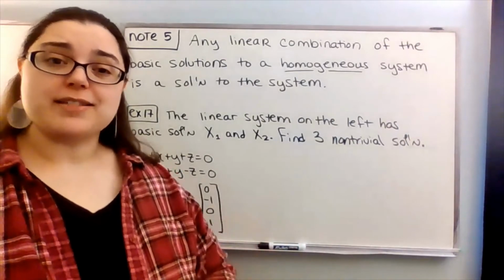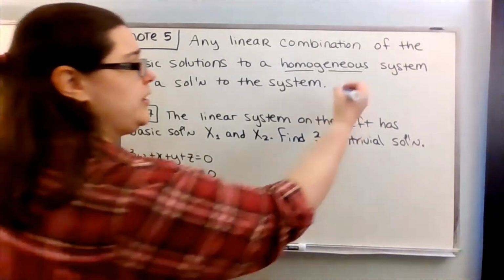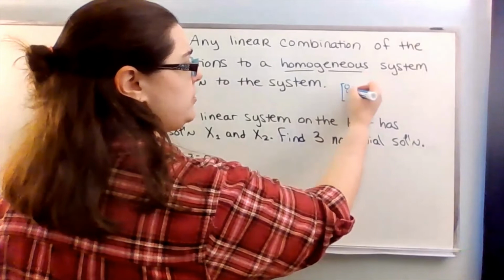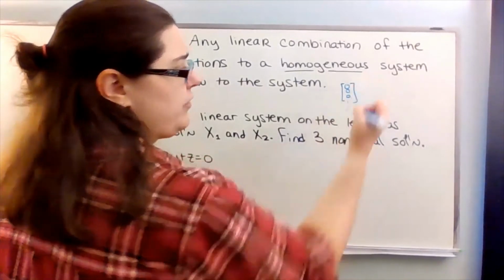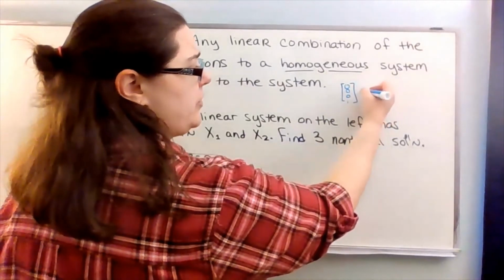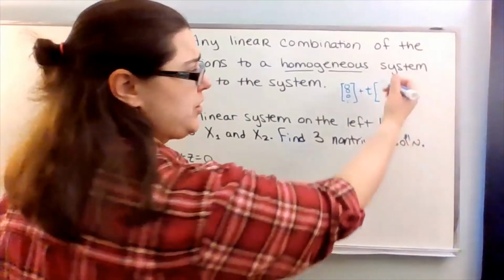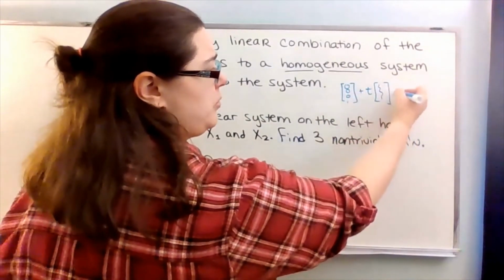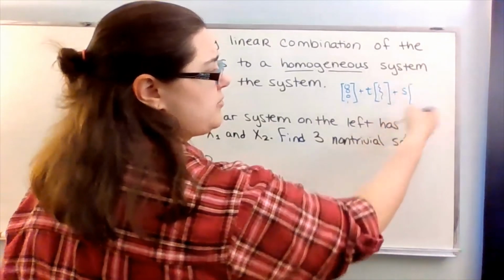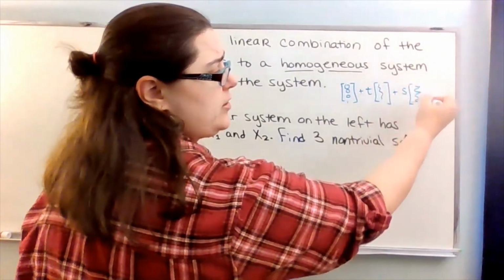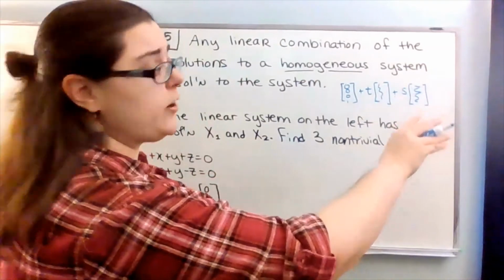And that kind of makes sense because we had our zeros, however many we have of them, and then we have plus a parameter times our next matrix, whatever that is, plus a parameter times its matrix, whatever that is, and so on, right?